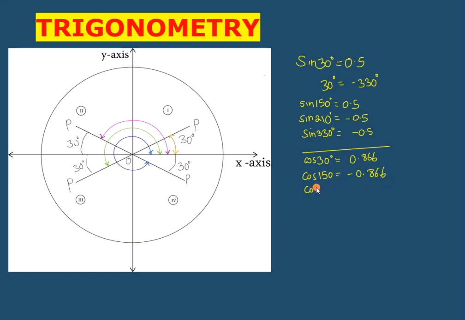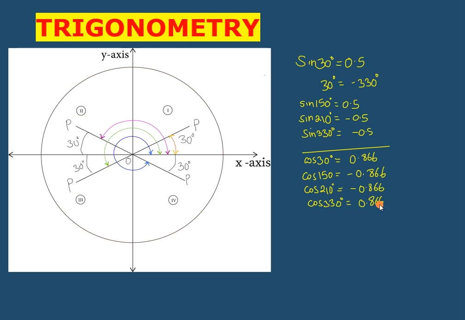The cosine of 210 degrees is negative 0.866, and the cosine of 330 degrees is 0.866.